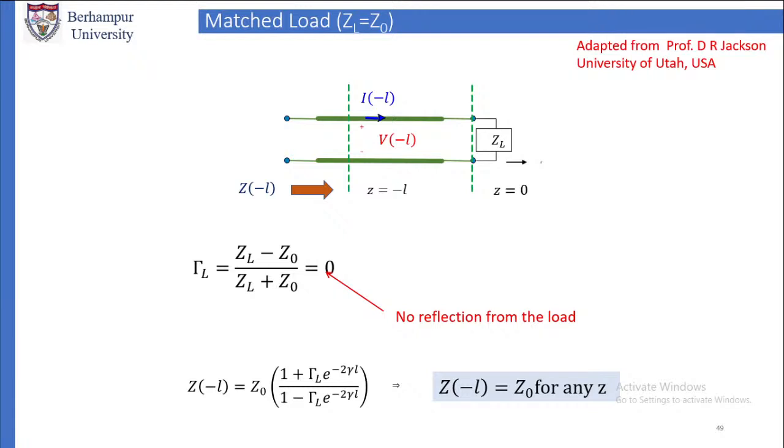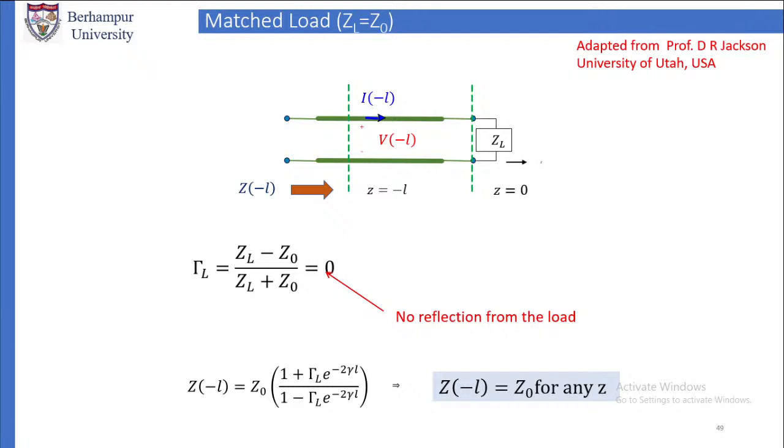Now what will be the impedance Z? Z will be equal to Z0 into (1 plus gamma L exponential minus 2 gamma L) divided by (1 minus gamma L exponential minus 2 gamma L). Now gamma L is equal to 0, as we have found out. Therefore Z will be equal to Z0.